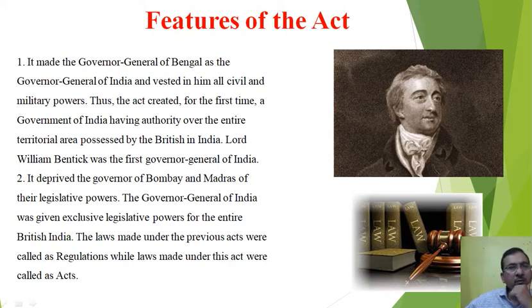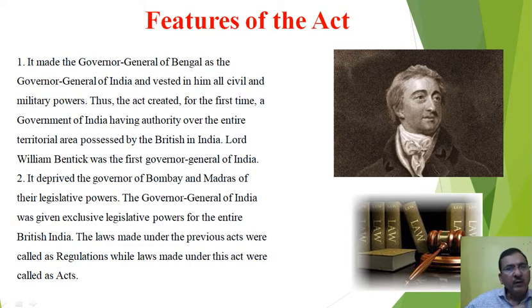Now in a previous video we have discussed that the other two governors, that is Bombay and Madras province, were made subordinate to the Governor General of Bengal. And Warren Hastings was made the first Governor General of Bengal.